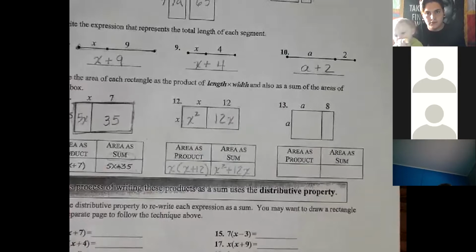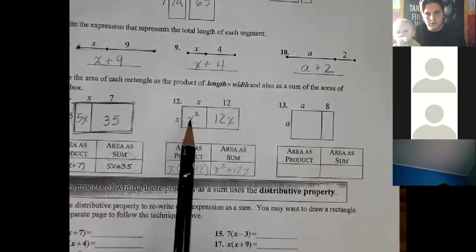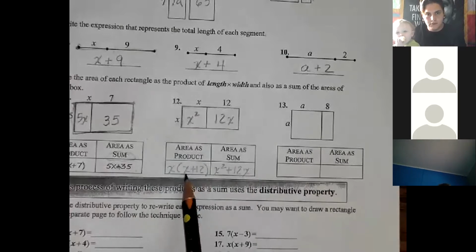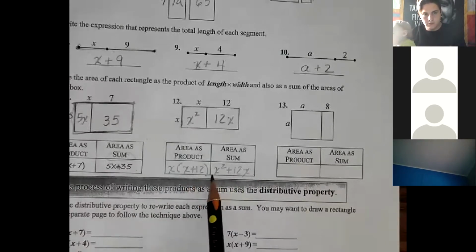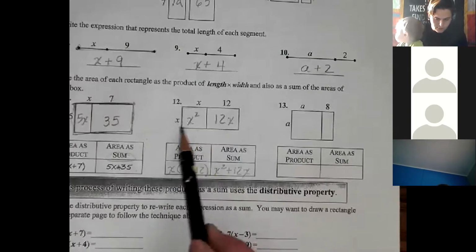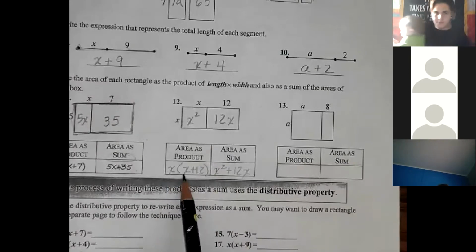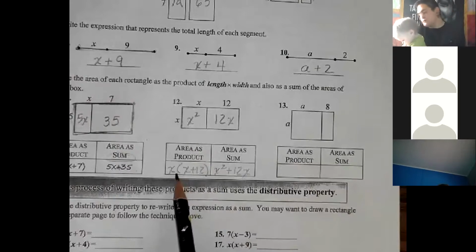Now what's important here is this is one picture, it's one side. There's 2 different ways to show its size. These 2 things are equal. If I knew the value of x, I could put that number in here and here, and I could do this stuff and I'd get a number.